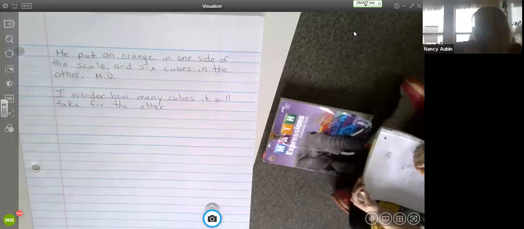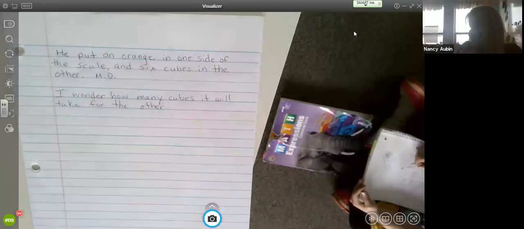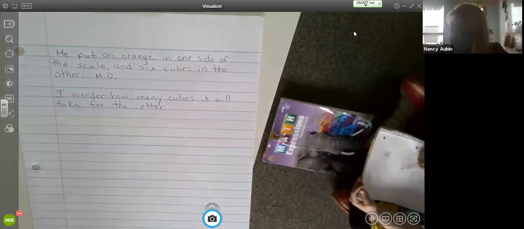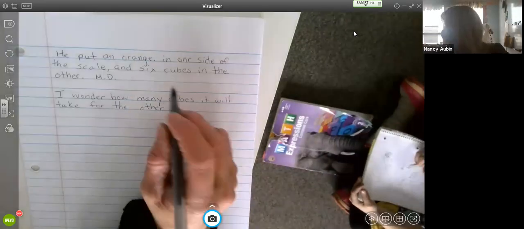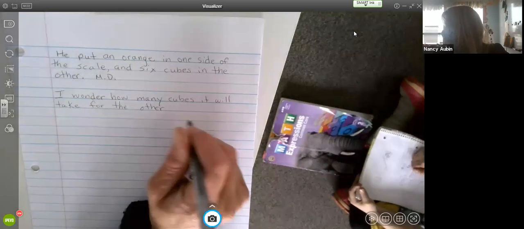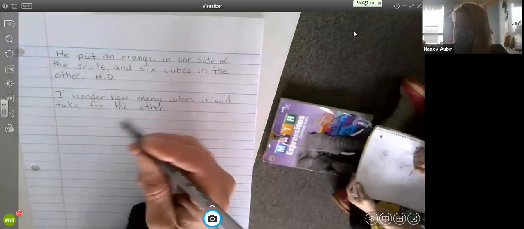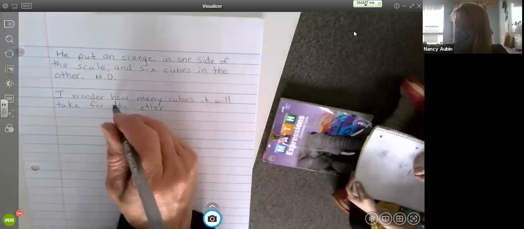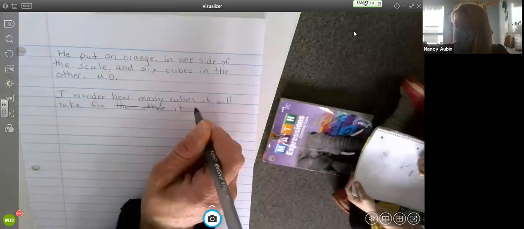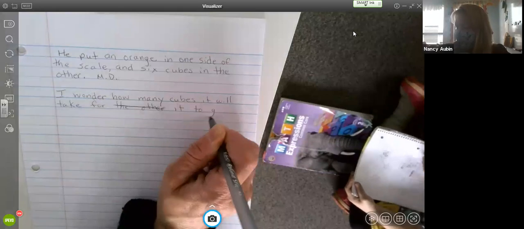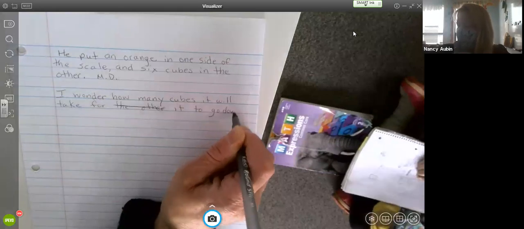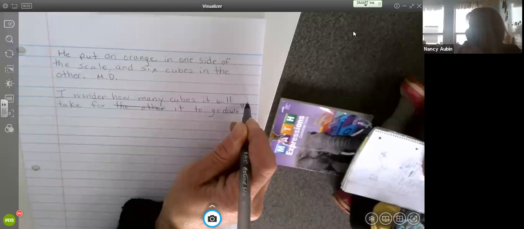No, the side that has the cube. Oh, for it to go down? I wonder how many cubes it will take for it to go down. Okay, that's what Haley Booker is wondering.